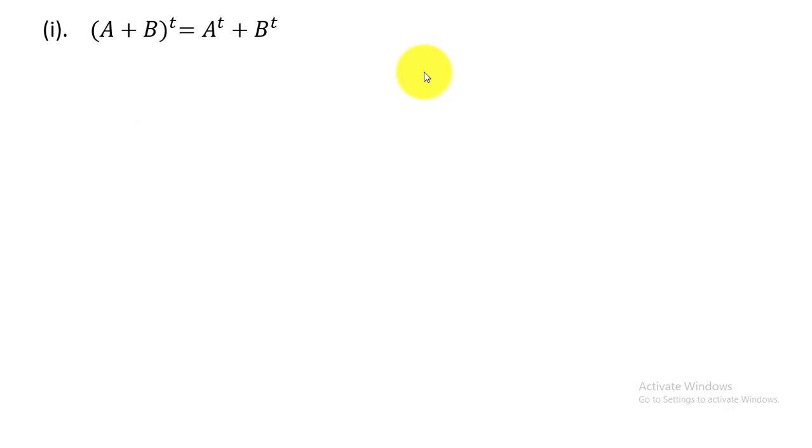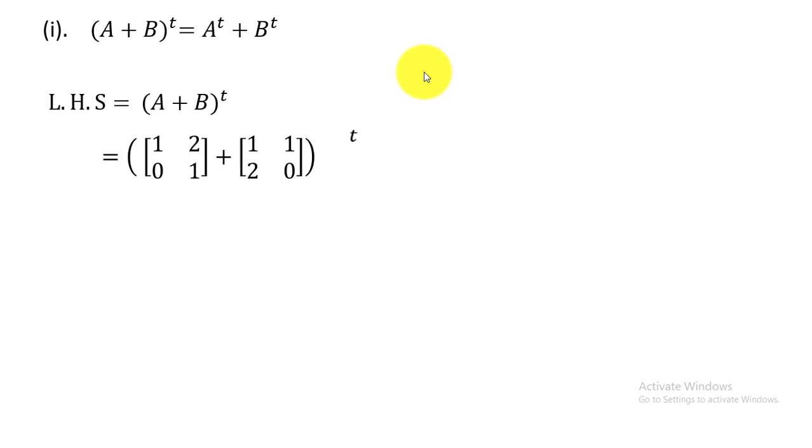Solution: in first, A plus B whole transpose is equal to A transpose plus B transpose. So left hand side is equal to A plus B whole transpose. First, we find the sum of matrix A and B, so we add their corresponding elements. In matrix A, the first element is 1.